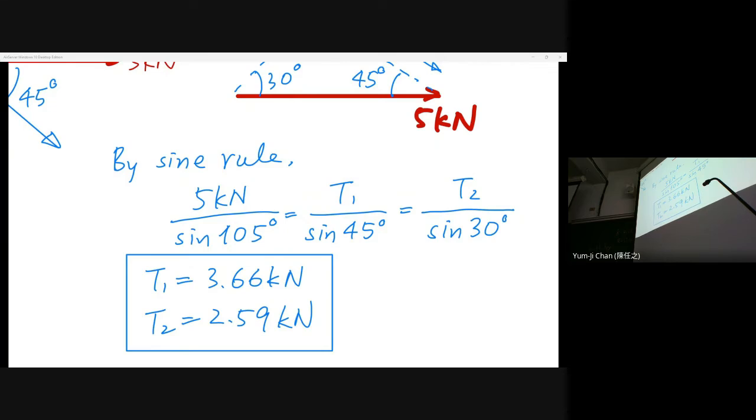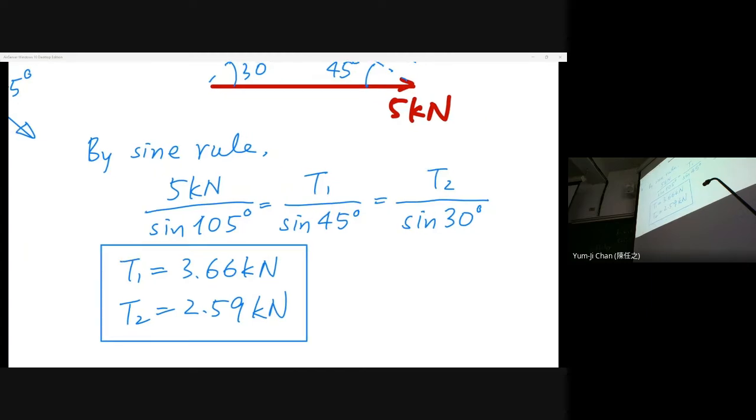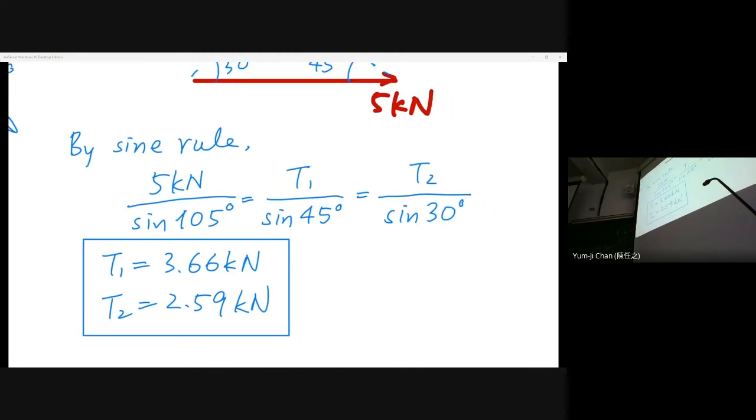And here we don't have the angle sign, right? We don't have this 30 degrees or 45 degrees, and here we don't need to write them because these are tensions. So let me write right here.